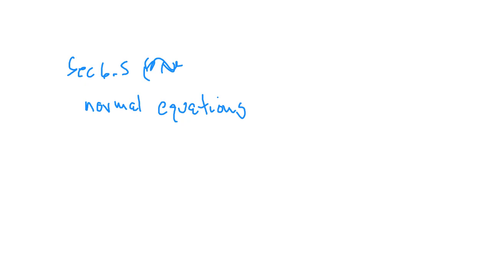A transpose times A times X equals A transpose times B. Those were the normal equations.